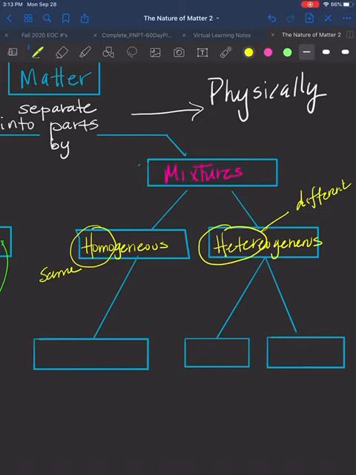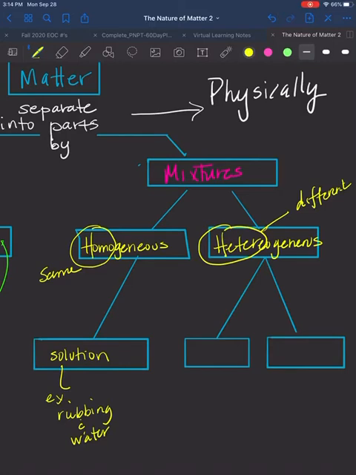So let's deal with our homogeneous mixtures here. Another term for homogeneous mixtures is solution, okay? And I'm going to give you an example. If I take rubbing alcohol and I pour it in water, what I have is a mixture.